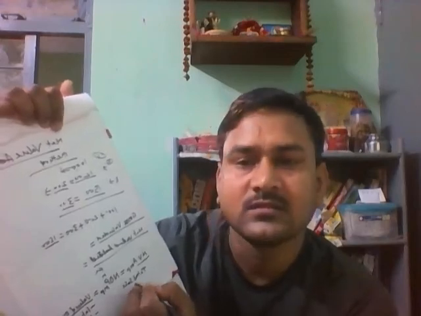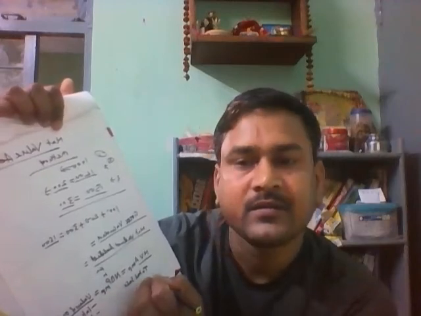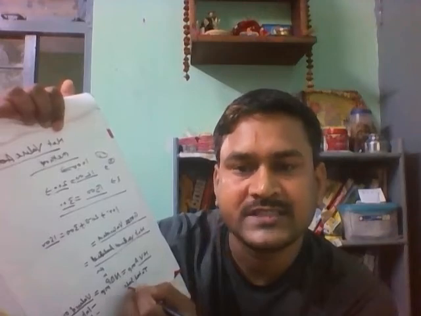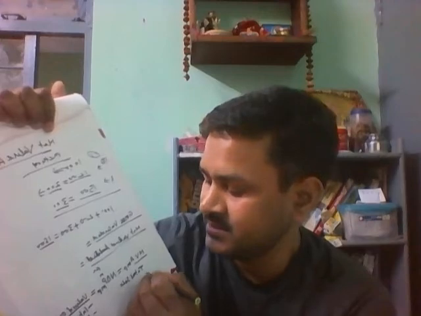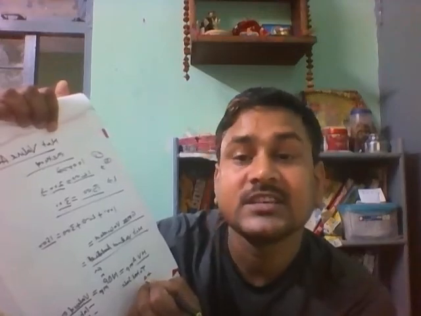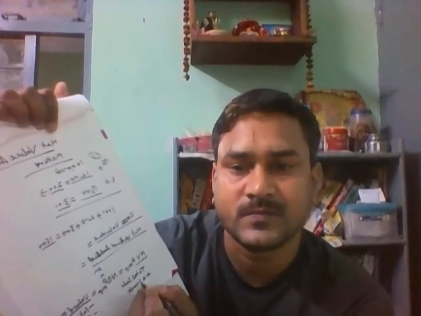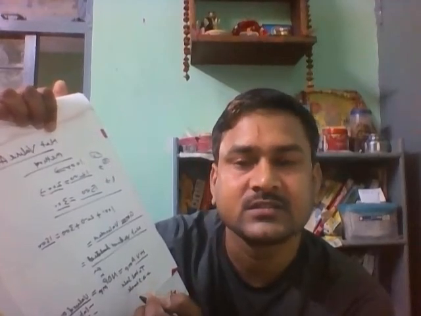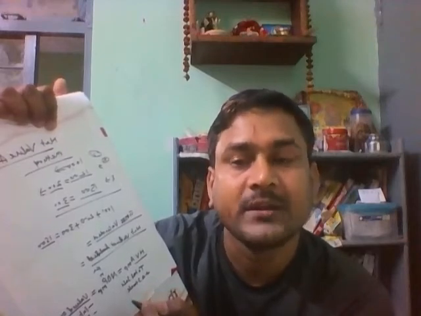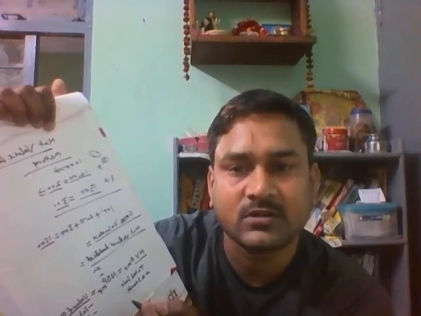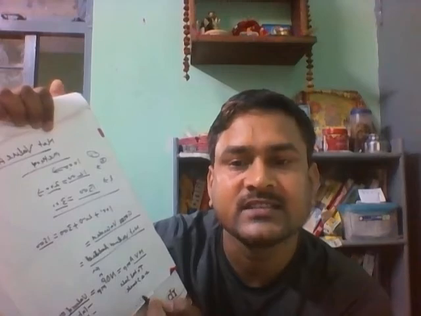Then to find the value of output, we take the total sale of output plus change in stock. Change in stock means closing stock minus opening stock.